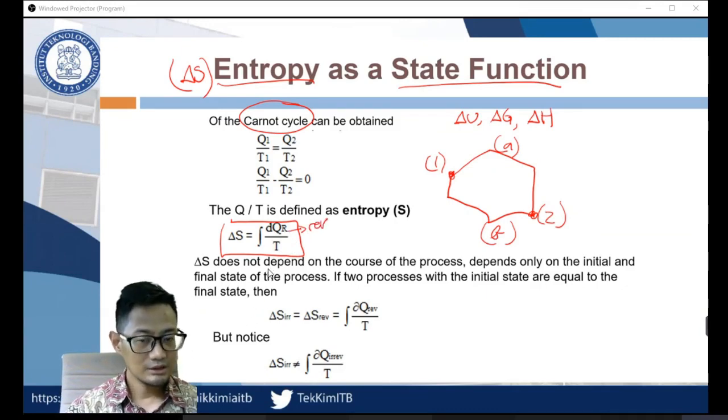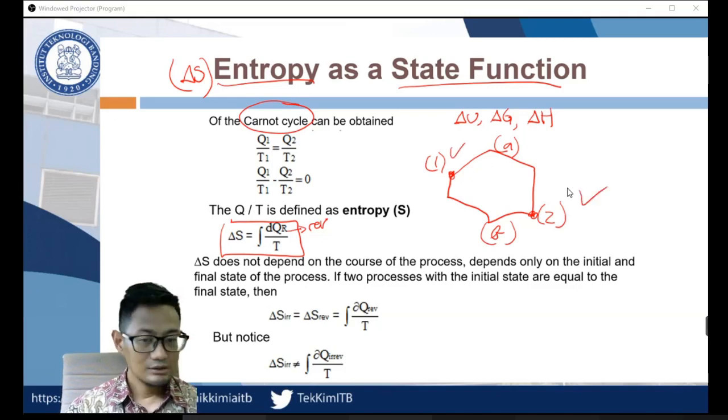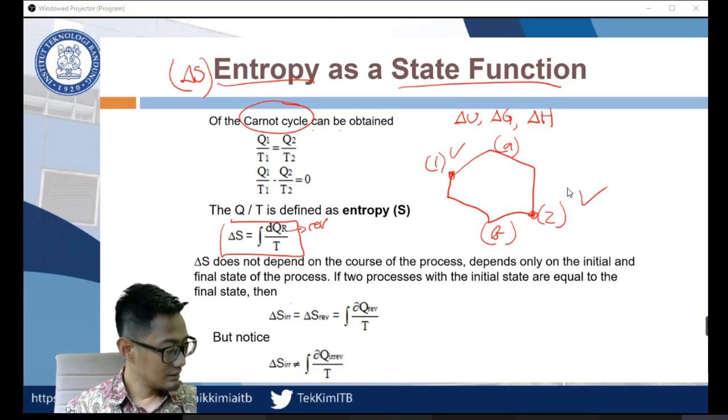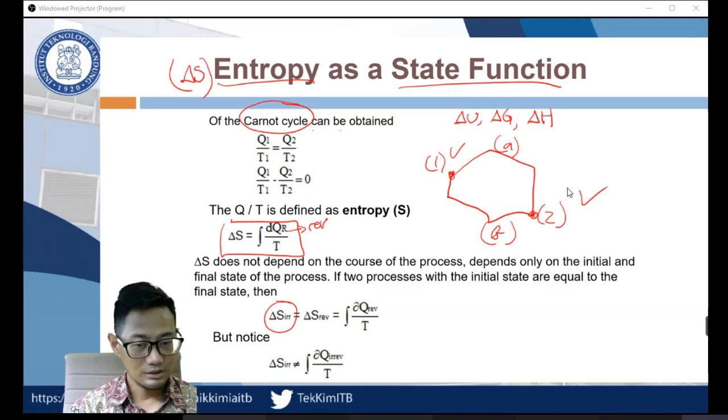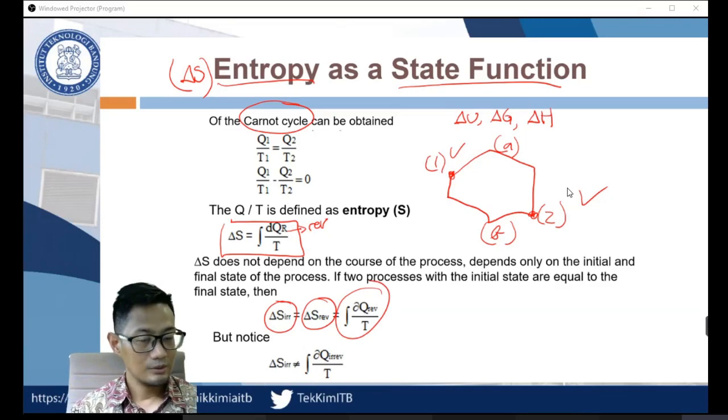Because entropy does not depend on the course of the process, it only depends on the initial and final state, we can assume that delta S irreversible is equal to delta S reversible, and it's equal to the integral of dQ reversible by temperature.